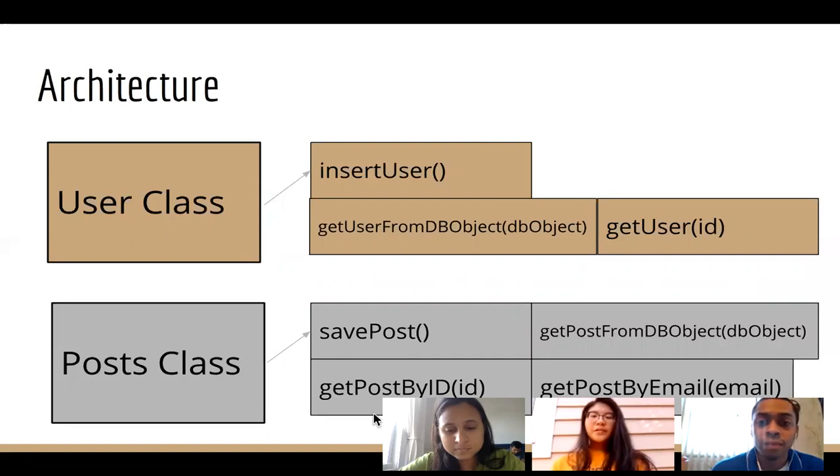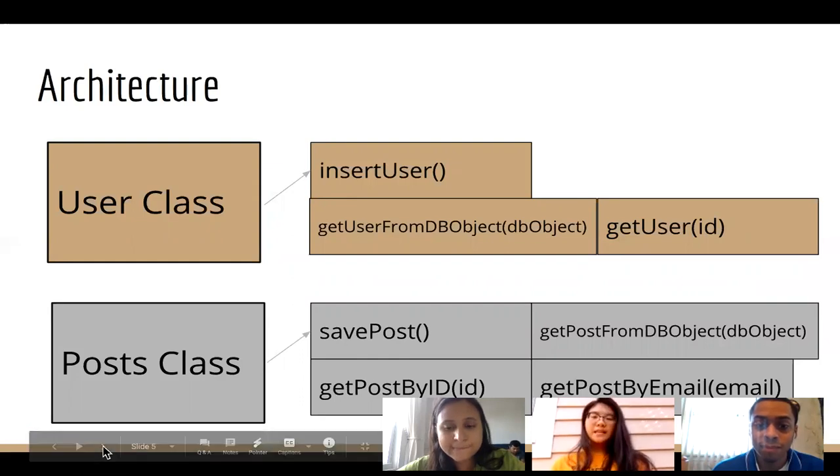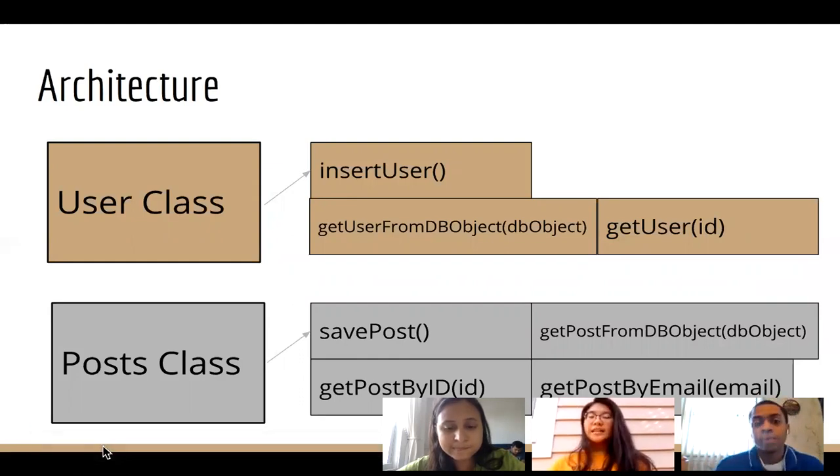Insert user, which just put the user as well as their information, such as first name, last name, and their special ID into the database, get user by ID, and also get user from DB object. And those 2 methods work in tandem in order to convert the database object to an actual user class.